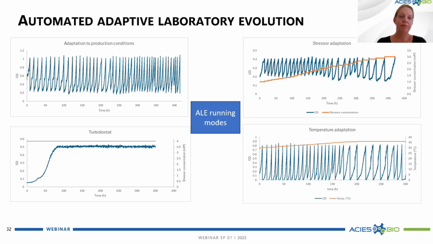The second really often used mode is the stressor adaptation mode, when you increase the stressor concentration in each subcultivation step. This is also done automatically in our systems, and you set up the concentration that it is increased in each of these ALE cycles.